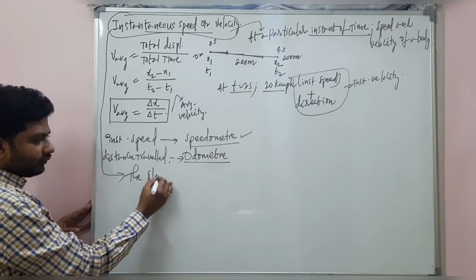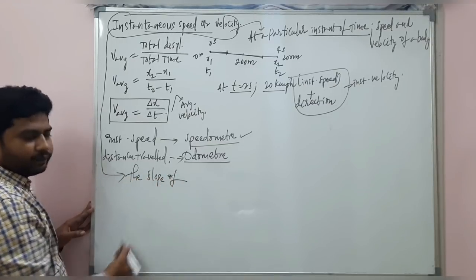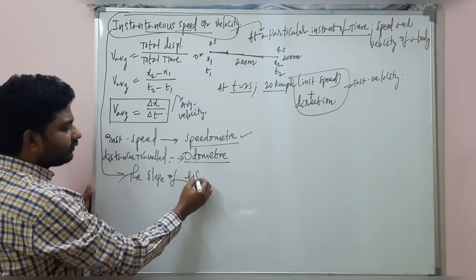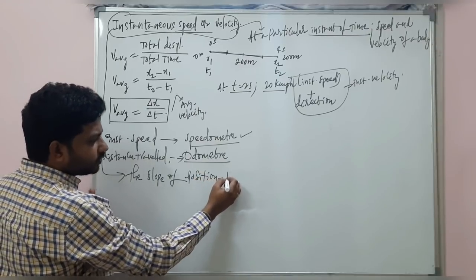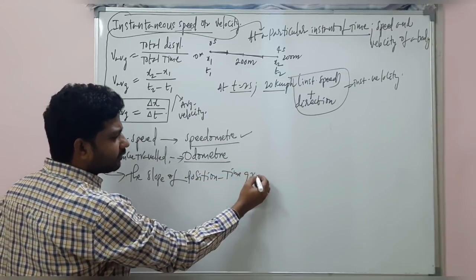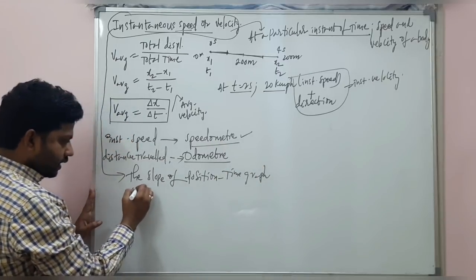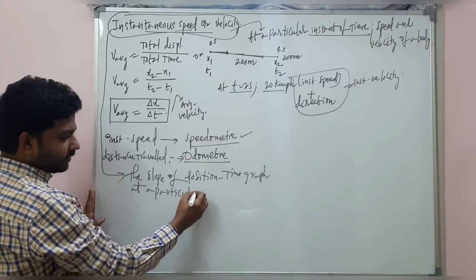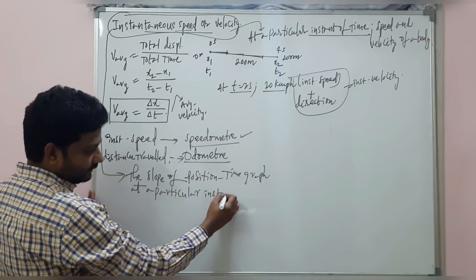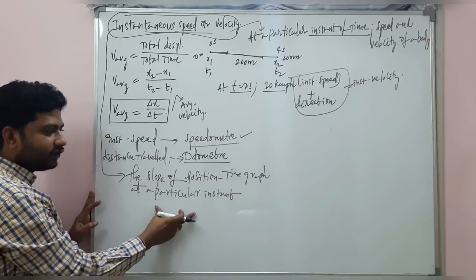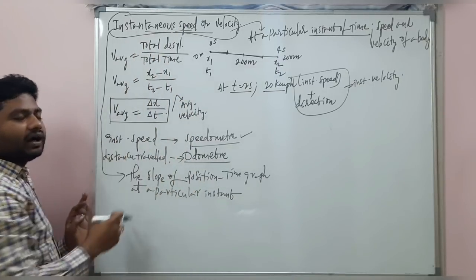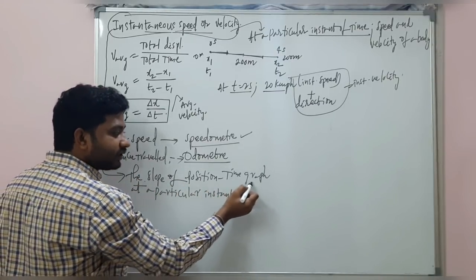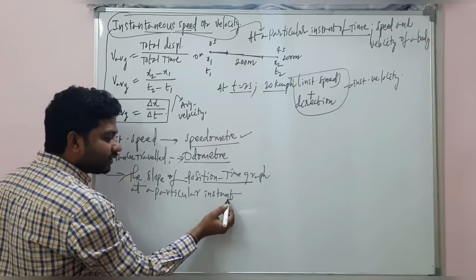The slope of the position-time graph at a particular instant will give you instantaneous speed or instantaneous velocity. Clear? The slope of the position-time graph at a particular instant.